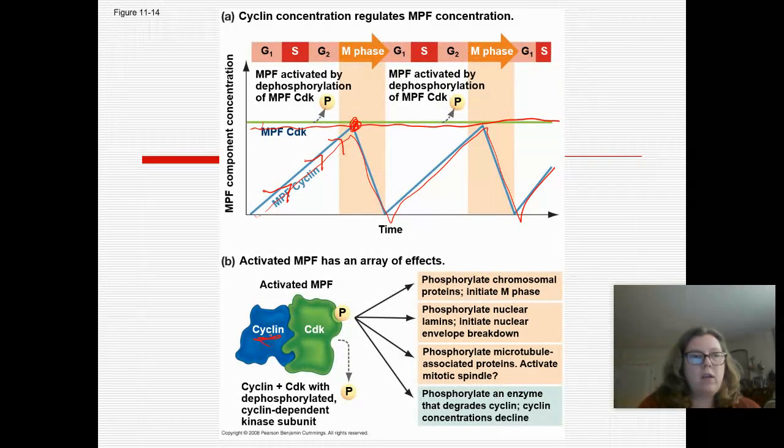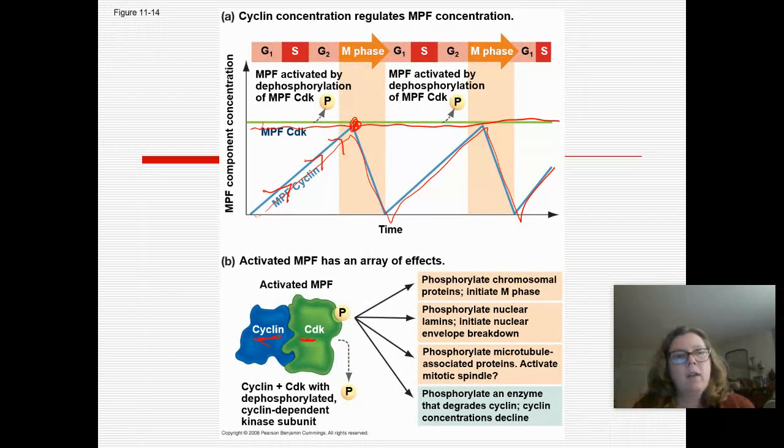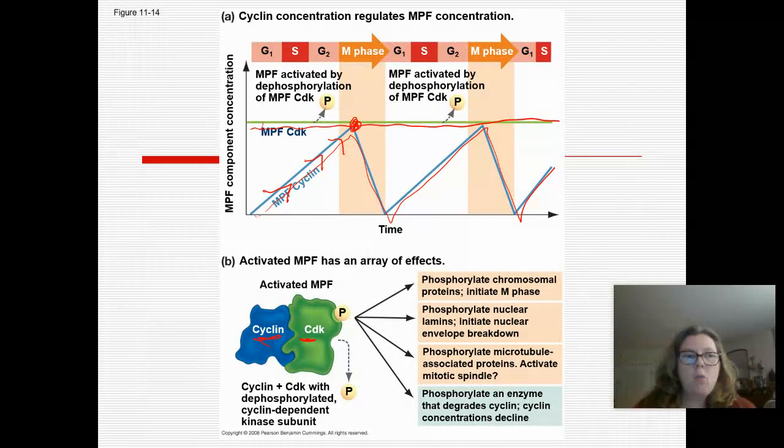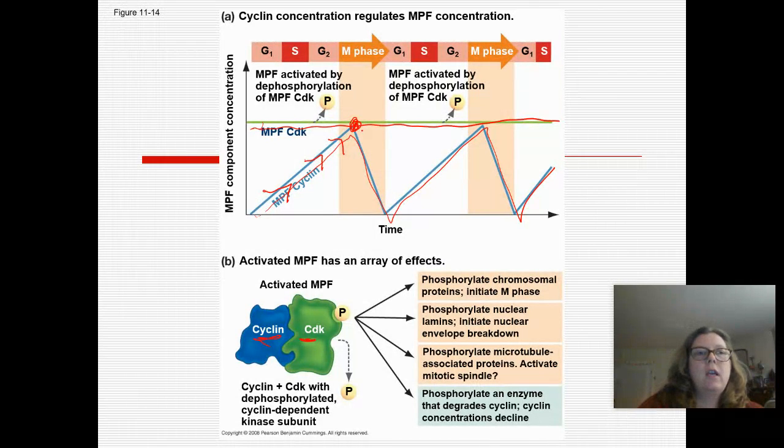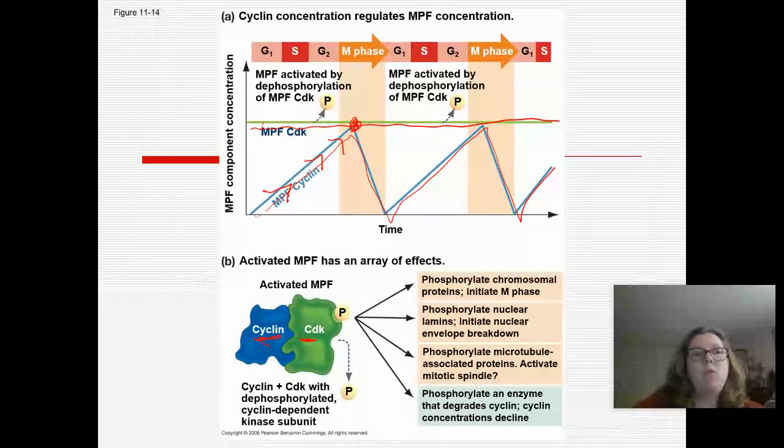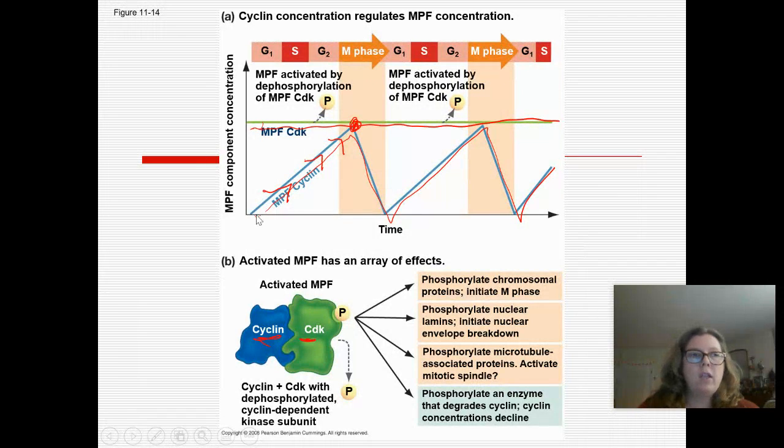So there's the cyclin component, there's the CDK. And once that cyclin gets broken down, you deactivate CDK. So you're going to see while the cyclin decreases, the CDK is still there. It's just in an inactive form. And then once you hit the next G1, you're going to see movement up of the cyclin level. So you get these cyclin levels that go through these cycles themselves along with the cell cycle.